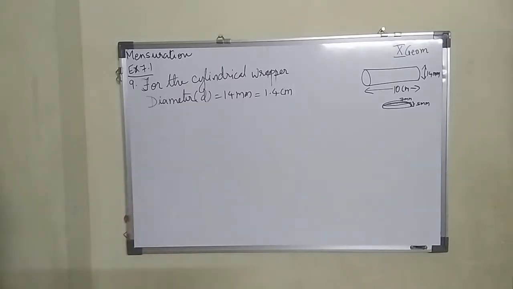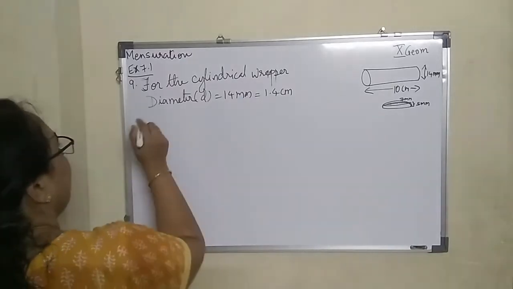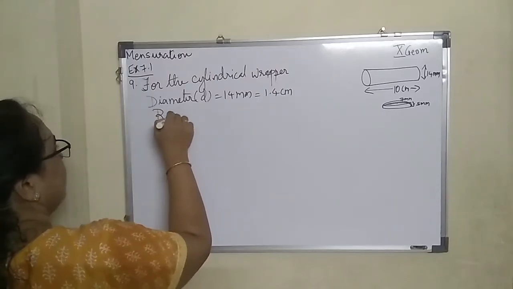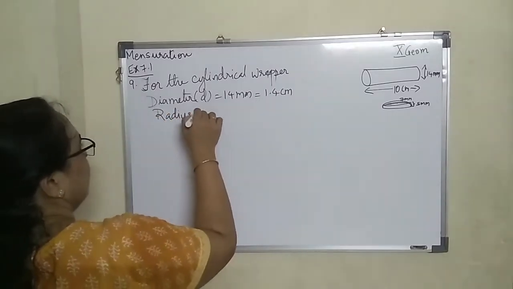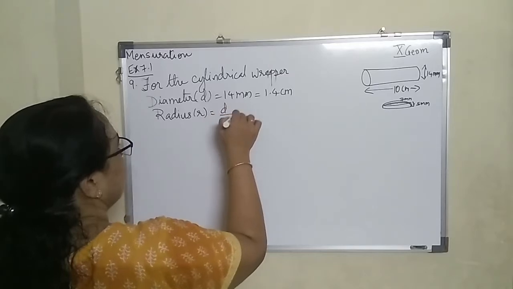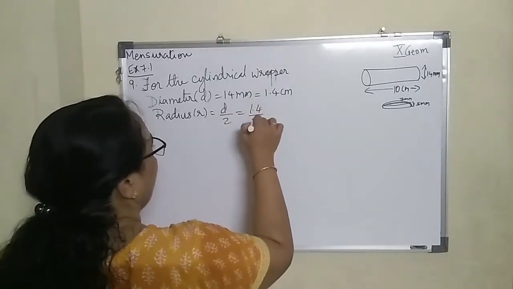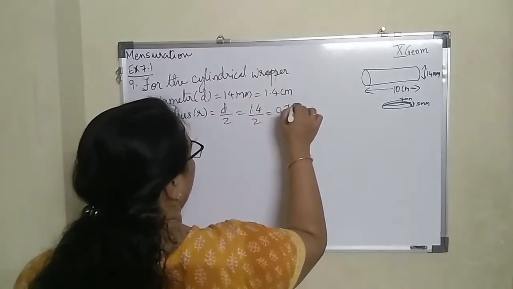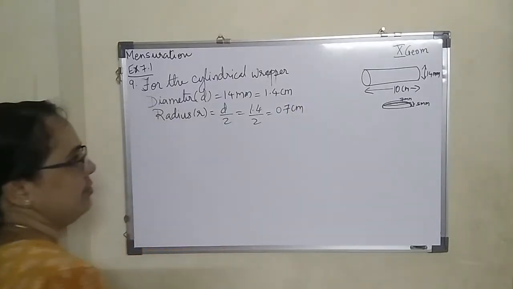Agreed or not? Because 1 centimeter is 10 mm. Is that very clear? Or you can do the other way, you can convert centimeter into millimeter, but we will do it in centimeter itself. And therefore, what is the radius? Radius is 1.4 divided by 2, giving us 0.7 centimeter.